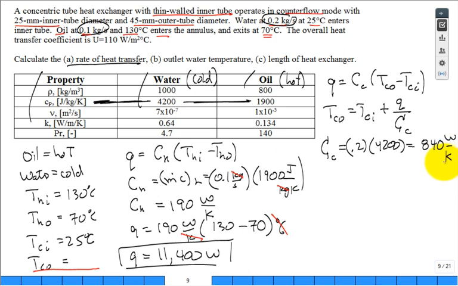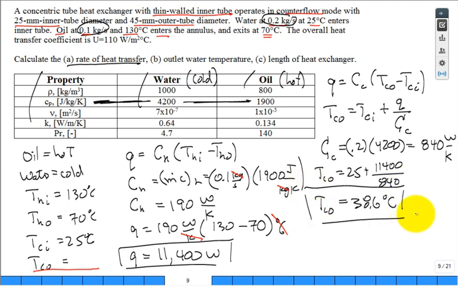Okay. So the temperature cold out is 25 plus 11,400, I'm going to drop the units right here, over 840. So the temperature cold out comes in at 38.6 degrees C. Did I use anything other than thermo 1 and energy balance? No, not yet. Finally, we get to some heat transfer for part C, something new for this class.